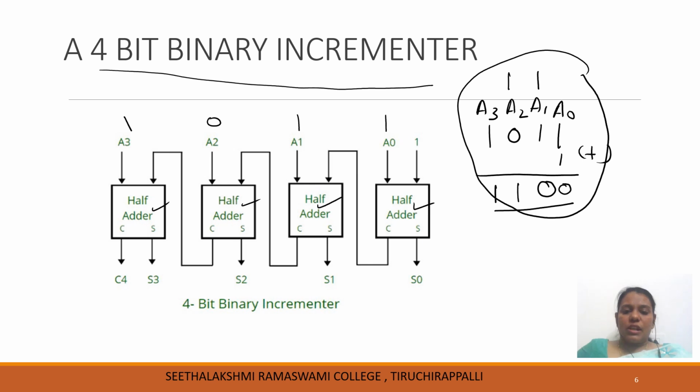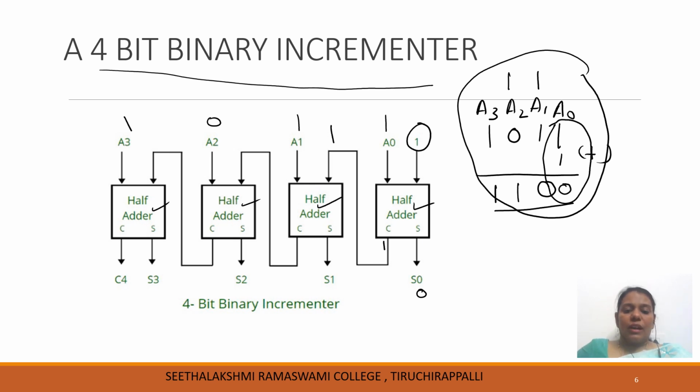So the first half adder will have this particular operation. So 1 is given here, 1 is here. So 1, 1 are inputs to the half adder. So definitely the half adder will add these two numbers and it will give an output of 0 and carry 1.